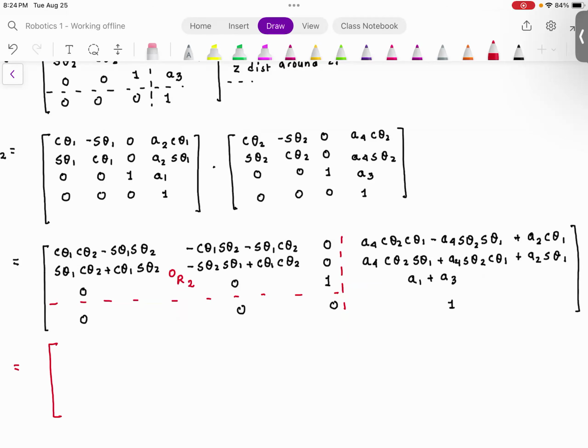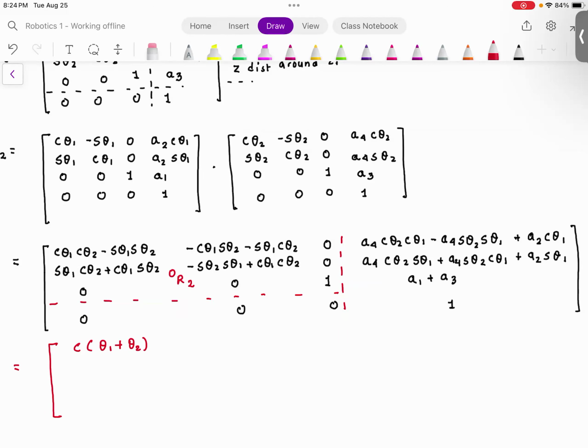Remember sine and cosine formulae? What is this first term? Cosine theta 1 cosine theta 2 minus sine theta 1 sine theta 2. Do you agree with me? This is cosine of theta 1 plus theta 2. Right? Expansion formula. Do you agree with me?